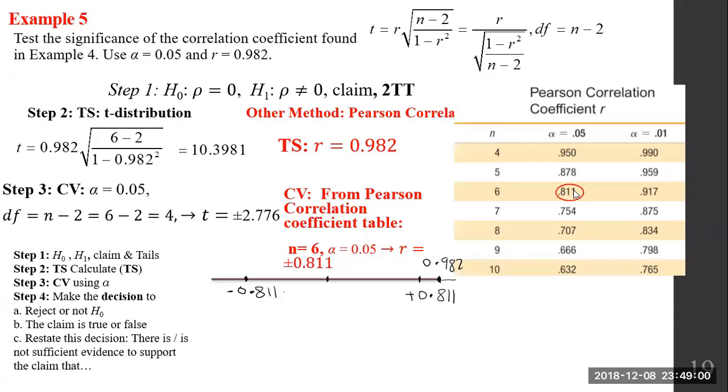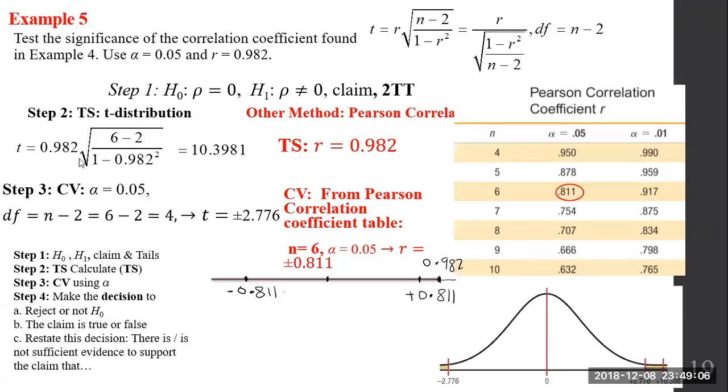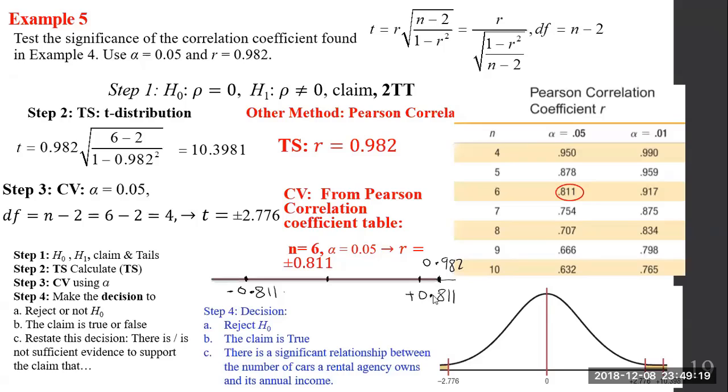As you can see clearly, we get the same exact results as we did earlier with the other method. The test statistic lies right in the rejection region, and likewise using the Pearson correlation table. Either way you look at this, we have to reject H0.